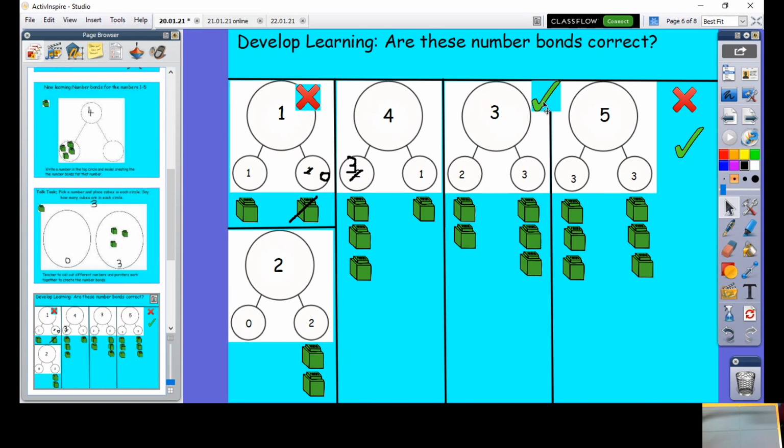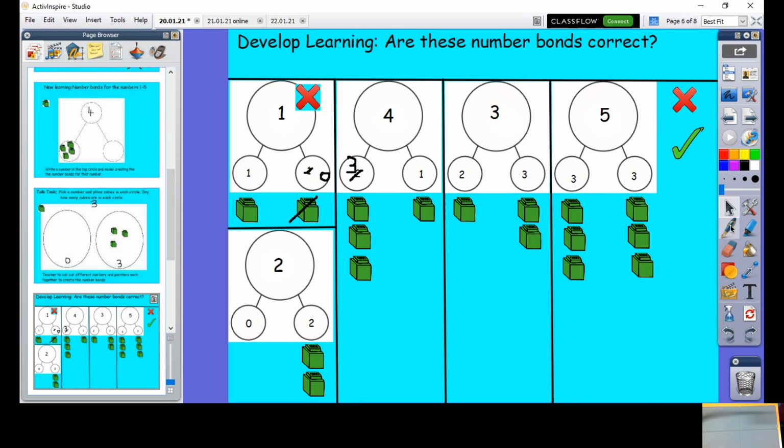If you said it was correct, you would be wrong. Okay? Because that number there is a 3, isn't it? Yes. So let's have a go together. Let's count how many cubes we've got. 1, 2, 3, 4, 5. Too many cubes. So let's take some cubes away. Now, how many have I got now? 1, 2, 3, 4. Still too many. Let's take 1 more cube away.